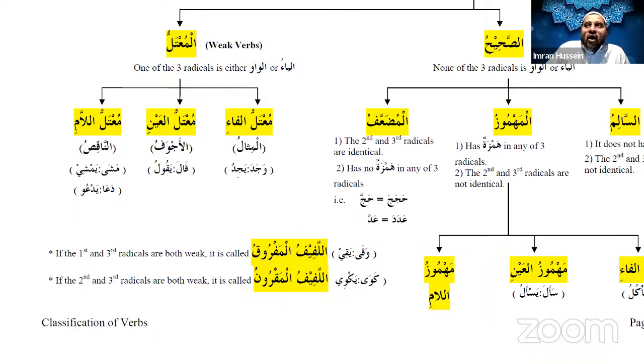Al-mafruq means separated: you have a non-weak letter in the middle and a weak letter on both sides. And al-lafif al-maqrun means that the two weak letters are connected together.